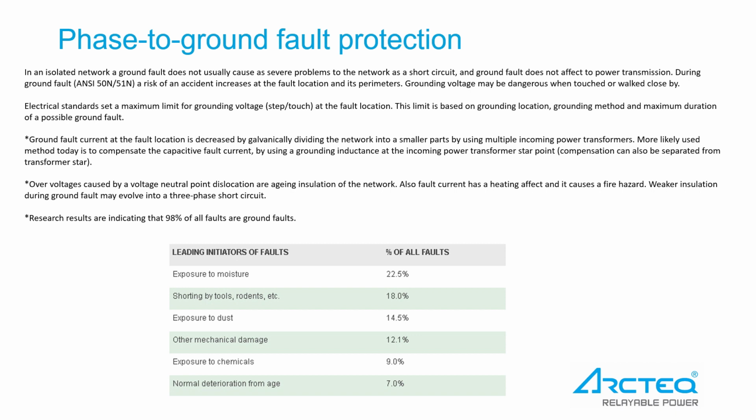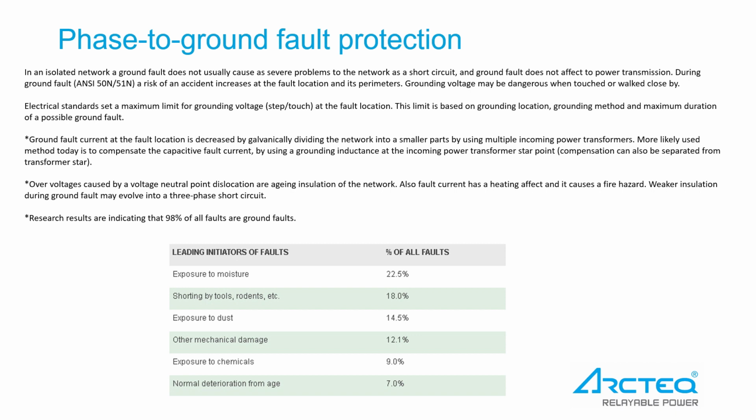Overvoltages caused by a voltage neutral point dislocation are aging the insulation of the network. Also, fault current has a heating effect and it causes a fire hazard. Weaker insulation during ground fault may evolve into a three-phase short circuit.